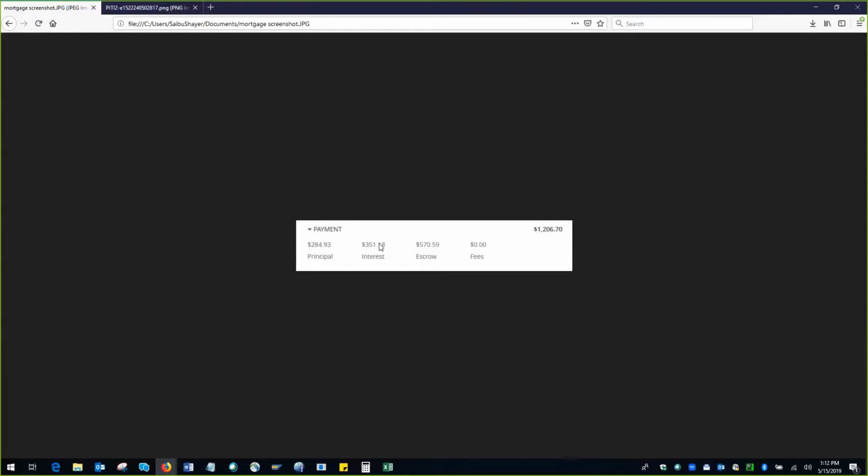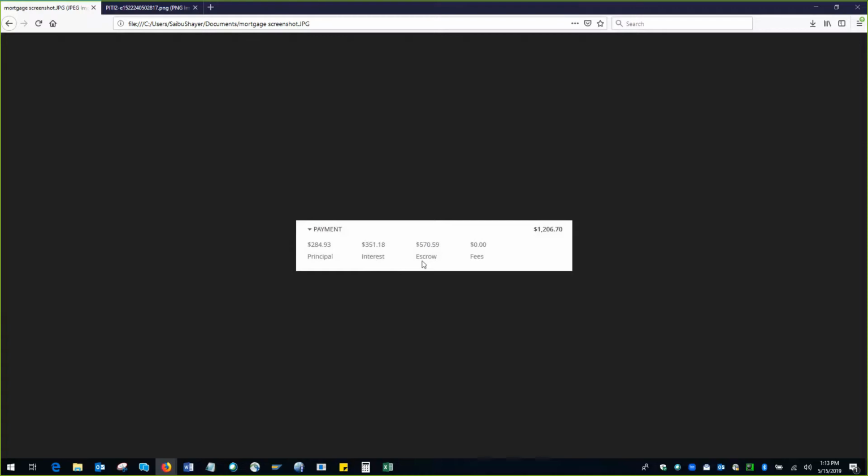The interest here is $351.18. That money is what the bank keeps. Your mortgage is not going down by this amount. This is unfortunately money that you will never see. This money is gone.